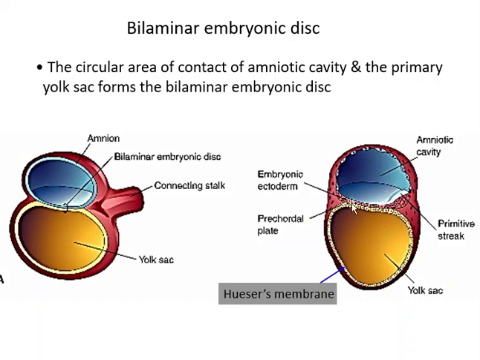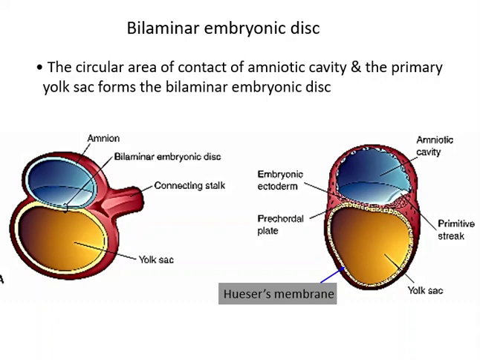You can see also here the embryonic disc, and here we have the amniotic cavity and here the yolk sac. The amniotic cavity is lined by amnioblast, and the yolk sac is lined by Heuser's membrane. And here we have the prechordal plate, and here we have the primitive streak.